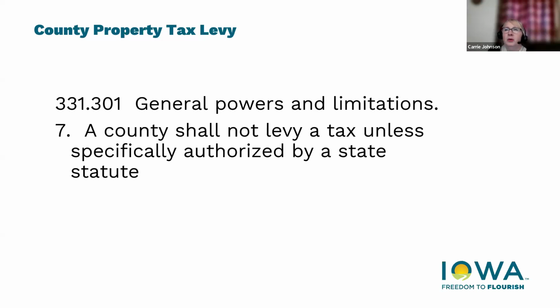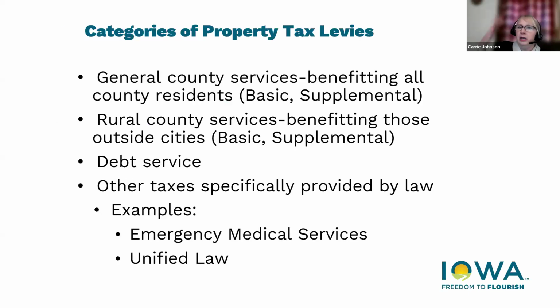Or, hey, we want to impose a tax on all of our residents of $1 to pay for our computers. That's not an option. So just be aware, as far as taxation goes, there is not really a lot of flexibility. You can only tax those items that are provided for in state code. And you'll see them on your budget form.